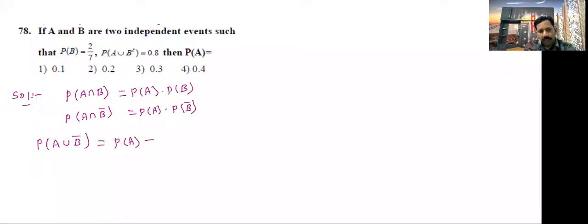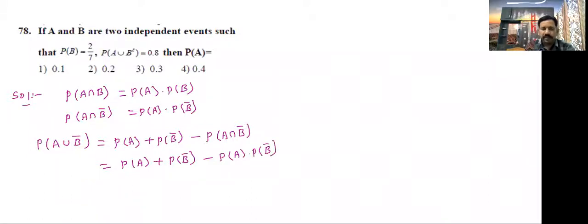P of A plus P of B complement minus P of A intersection B complement. Here we can write A and B complement both are independent now, so minus P of A into P of B complement.